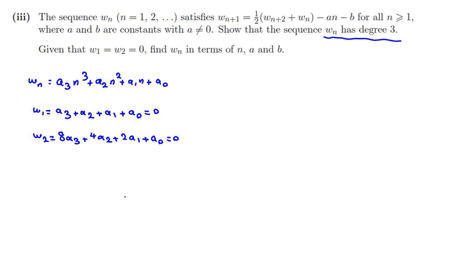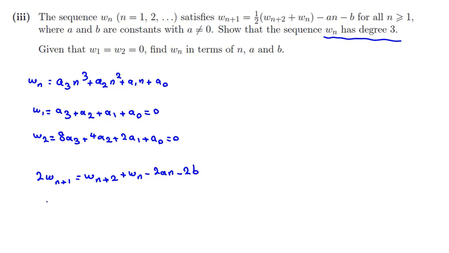And here, if we consider Wn plus 1, we can multiply it by 2. So 2Wn plus 1 equals Wn plus 2 plus Wn minus 2an minus 2b.